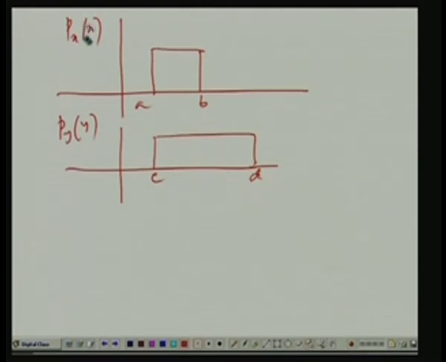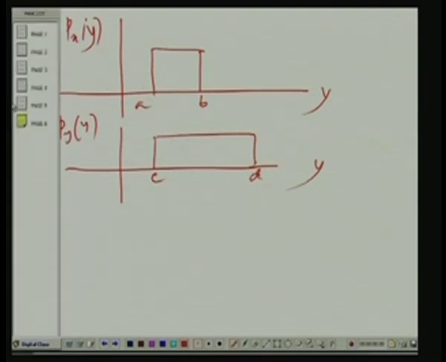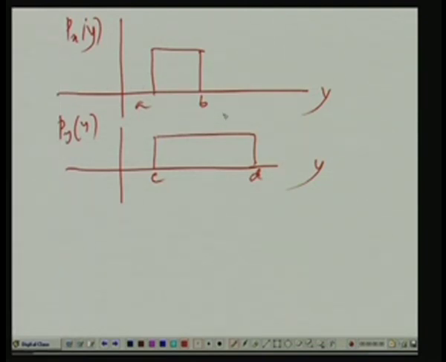Taking your permission, I replace it by y, just to make the same variable in both. Then I have to reverse it. Reverse it means a goes to minus a, b goes to minus b, and then if I multiply the two without any shift, I find there is no overlap, so it is 0.